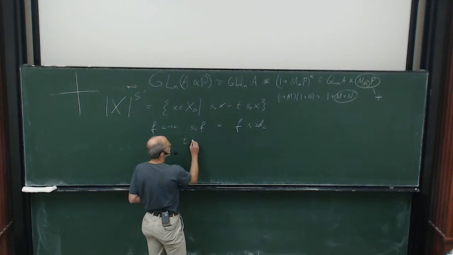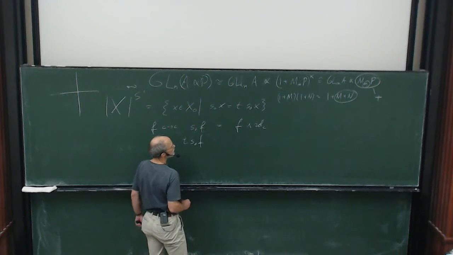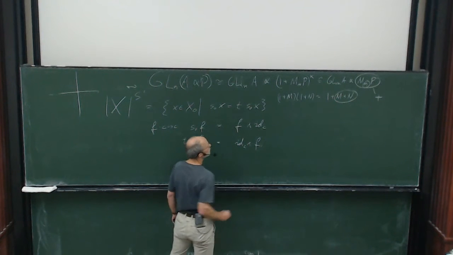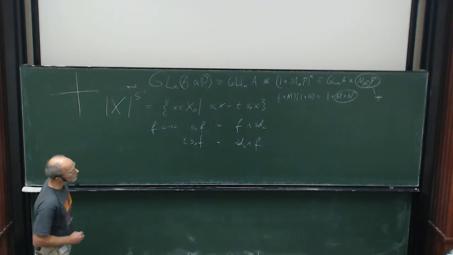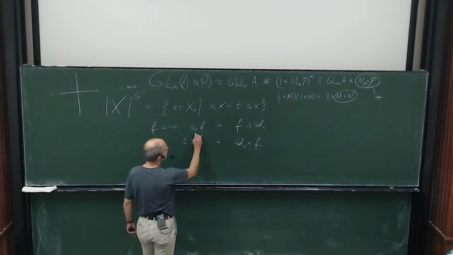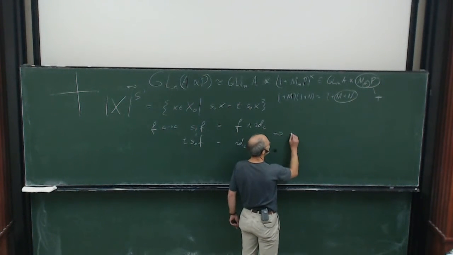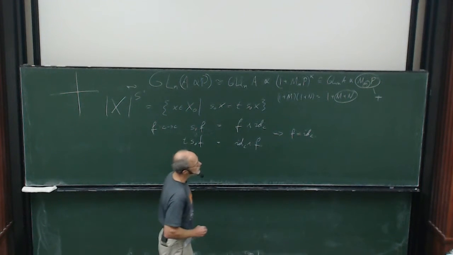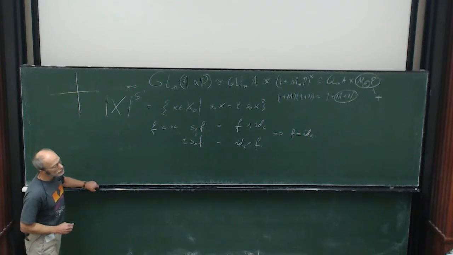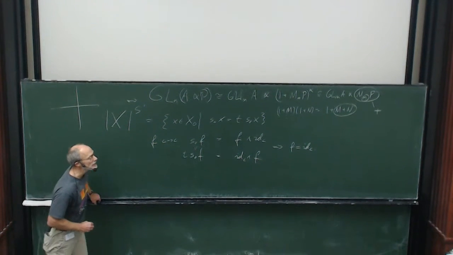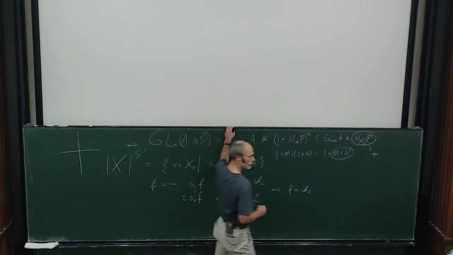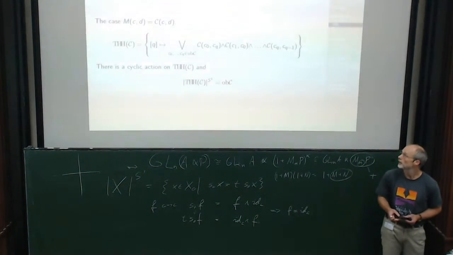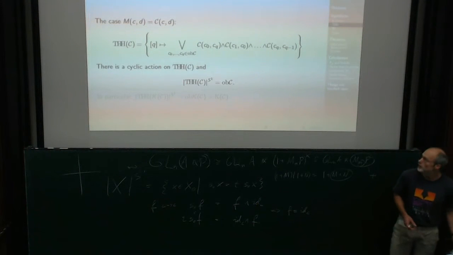Whereas the cyclic permutation is in the other order. So if these two things are the same, that implies that F is equal to the identity of C. So the only thing the actual fixed points remember is the object C. So the actual fixed points are just the objects.